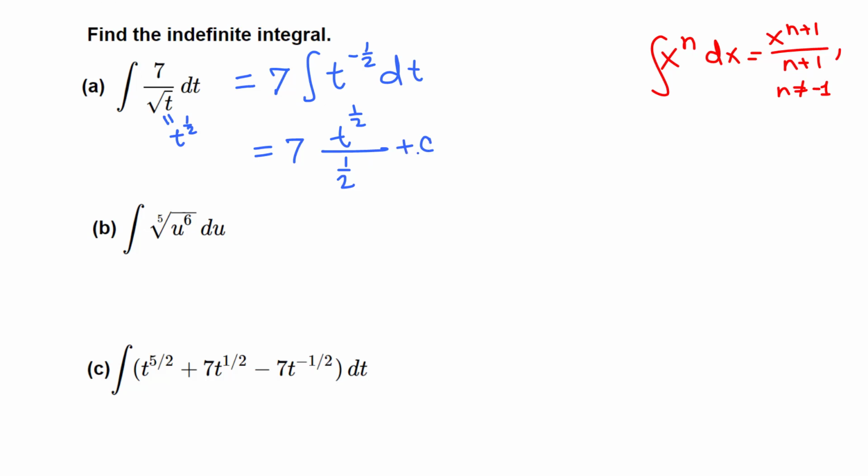This is a complex fraction. Move this to the front, so we need to flip: 7 times 2 over 1, 7 times 2, 14 over 1, and t raised to 1/2. We can write square root of t, or t raised to 1/2 is also fine, plus c.